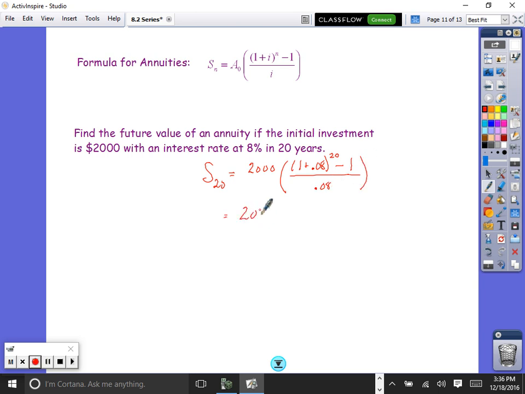Again, I'm going to do a little bit of math. This is 1.08 to the 20th minus 1 divided by 0.08. And again, I'm going to do the 2,000 divided by 0.08.